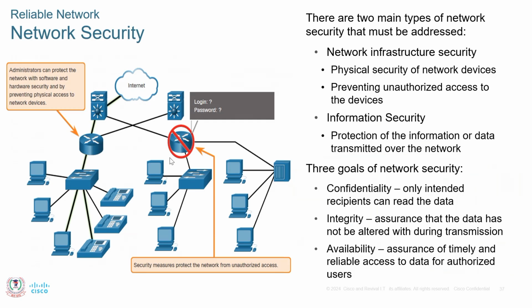Now, number 4 is network security. Network security cannot be overemphasized. It is a very, very important aspect of the four characteristics of a reliable network.